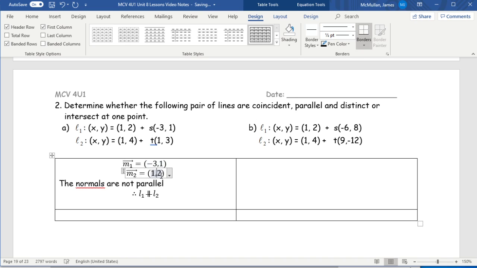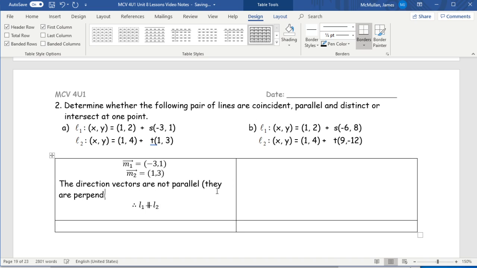The second direction vector is 1, 3. So these direction vectors are not parallel. In fact, they are perpendicular, but I don't think that matters for the question, but just to remind you. Therefore, the first line is not parallel to the second line. So as soon as you see that, they must intersect at one location.